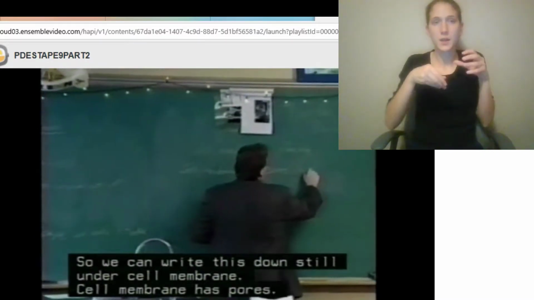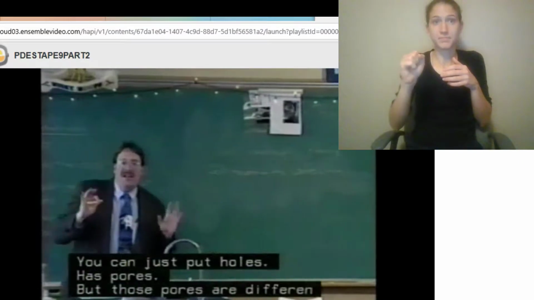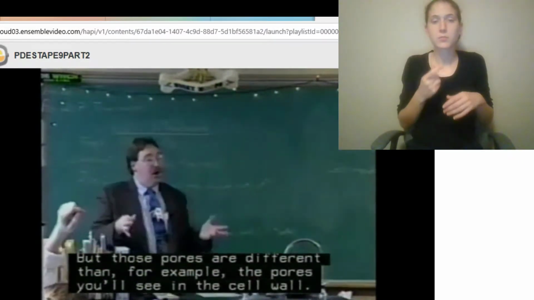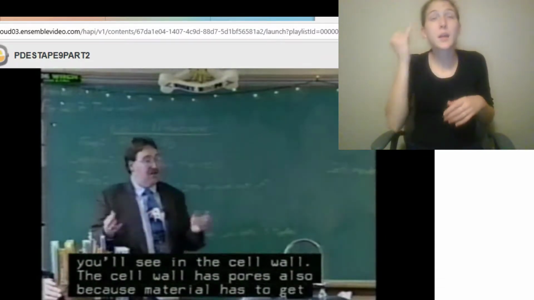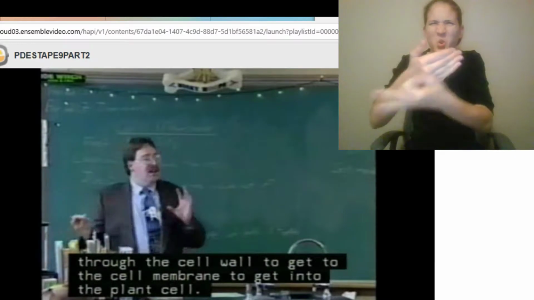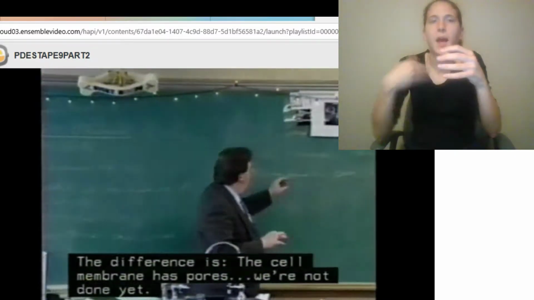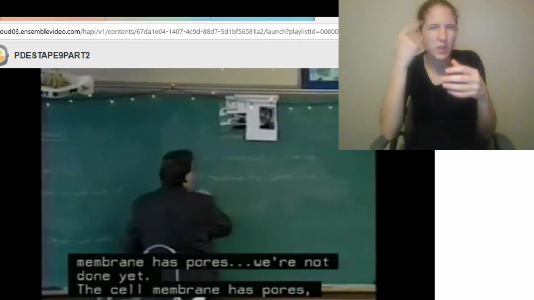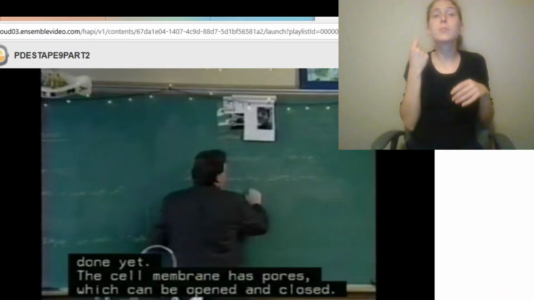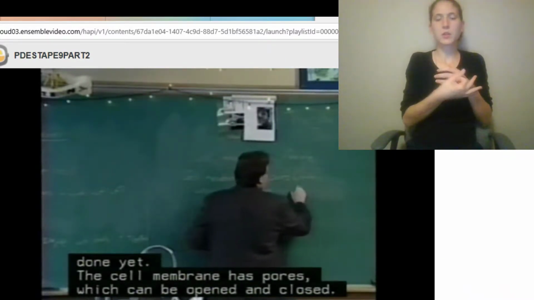You can just put holes. It has pores. But these pores are different than, for example, the pores you'll see in the cell wall. The cell wall has pores also, because material has to get through the cell wall to get to the cell membrane to get into the plant cell. The difference is the cell membrane has pores, we're not done yet, which can be opened and closed.